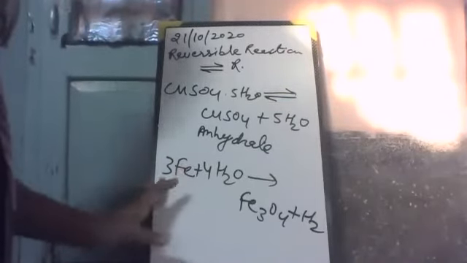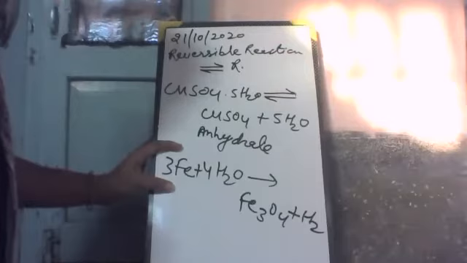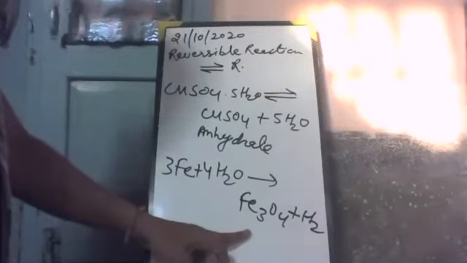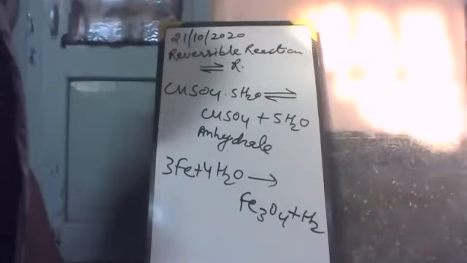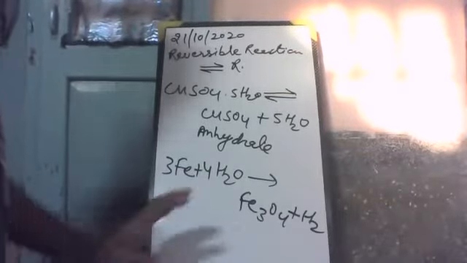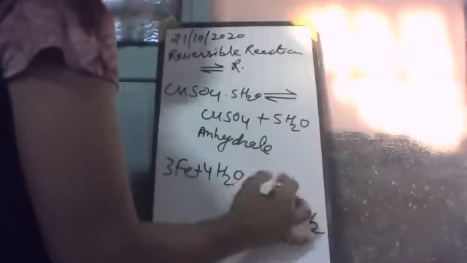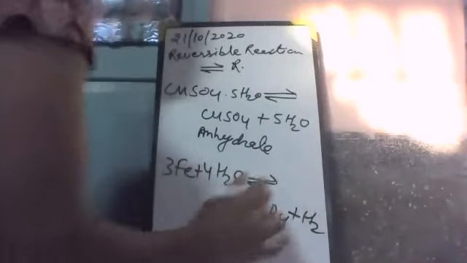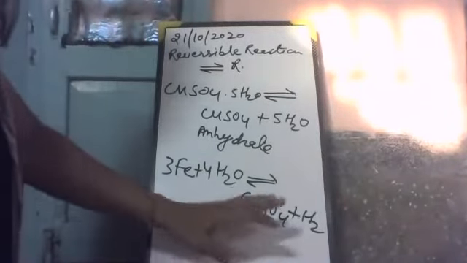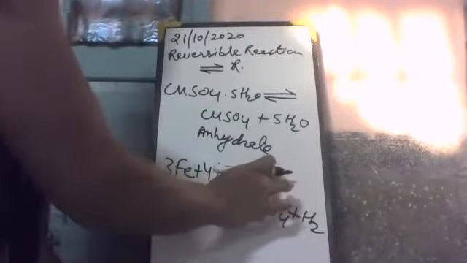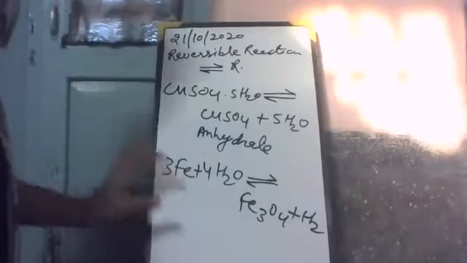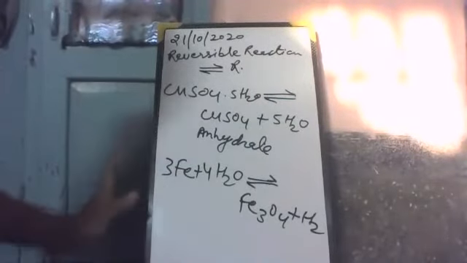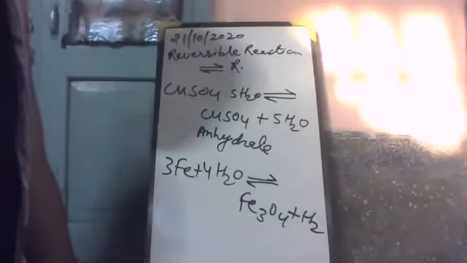It takes water vapor and changes the iron into iron oxide and releases hydrogen gas in the atmosphere. When some hydrogen gas is passed on this, it will again change into iron and water. This is also known as a reversible reaction.